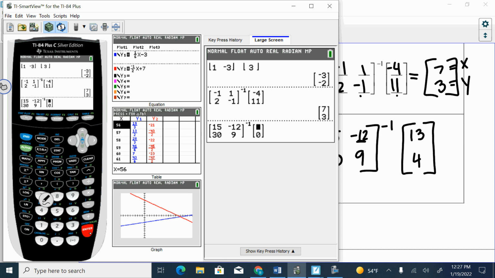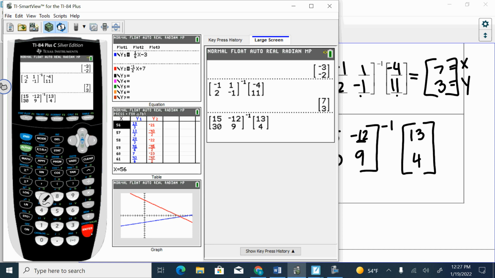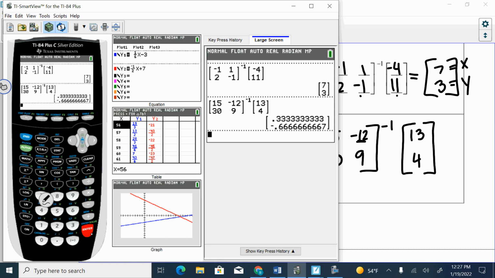And then we fill in our numbers, which were, good. All right. Arrow outside, and then we just press enter. Okay. And we got 0.3 repeating and negative 0.6 repeating. All right. That's what it's looking like we have here.